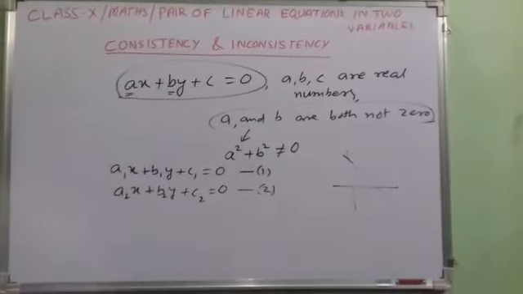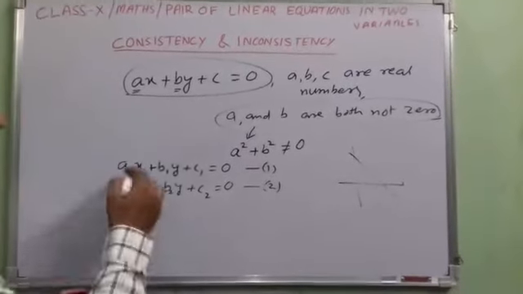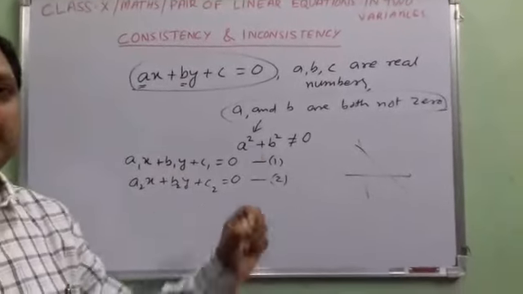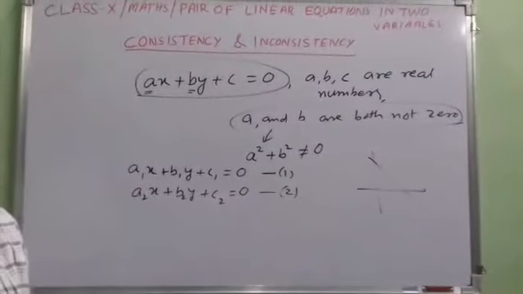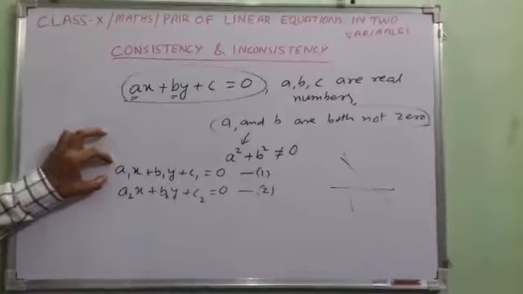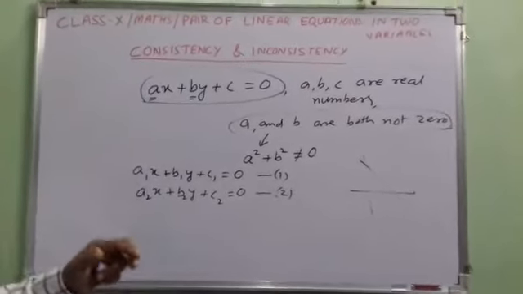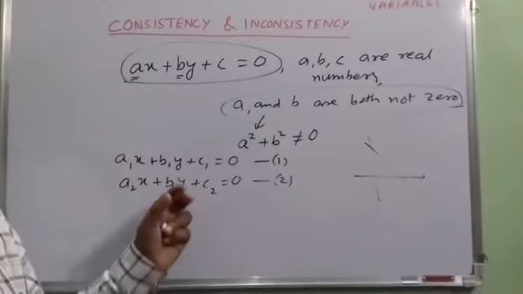And solving equation, what does it mean? Solving equation means finding points on the line representing the equations. Because we know that this is the equation of a line, also this is the equation of a line. So we shall try to find some values common to both the equations.